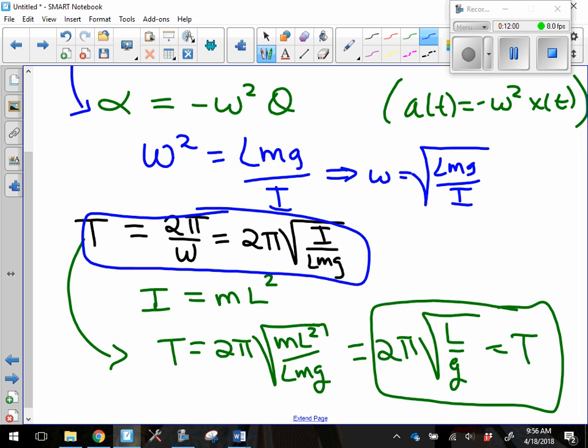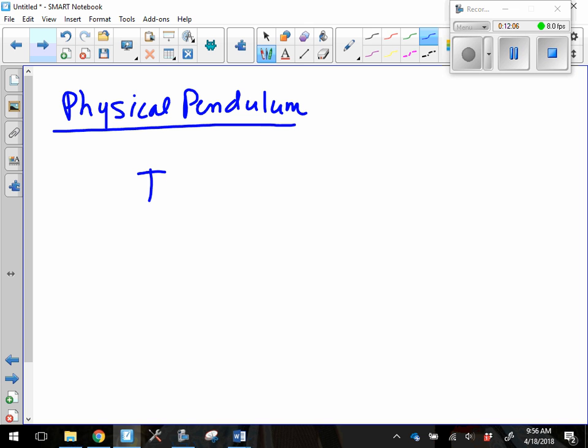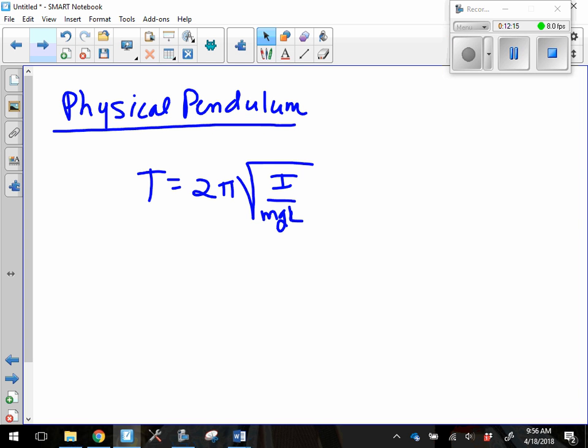Okay, we go back to the expression that we had where we were actually dealing with I. So we say that the period is 2 pi times the square root of I over mgl. Actually, except we don't call it L, we call it H.